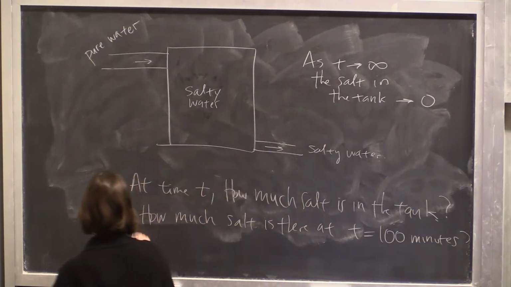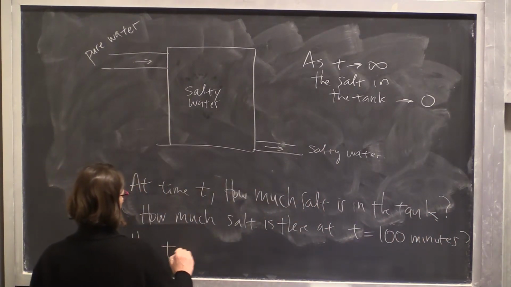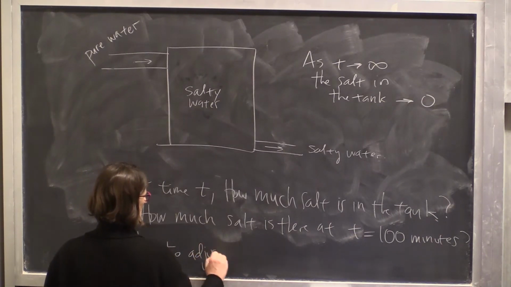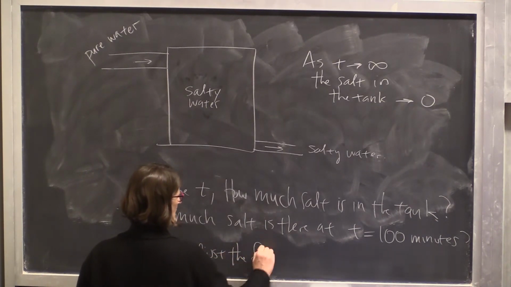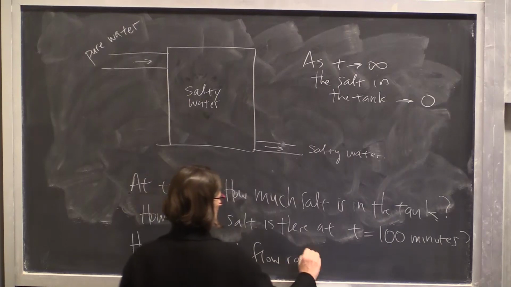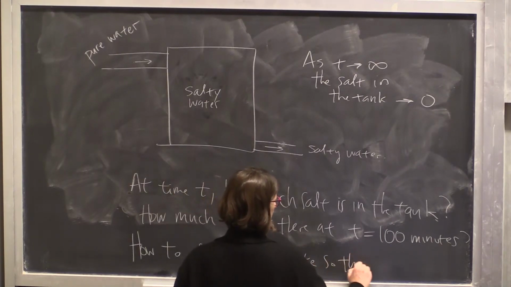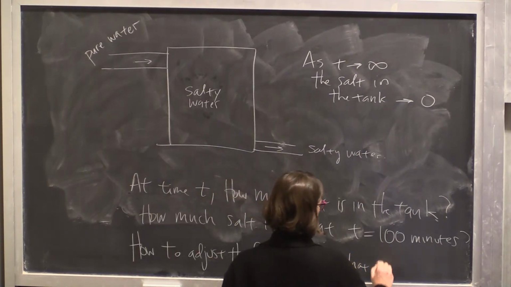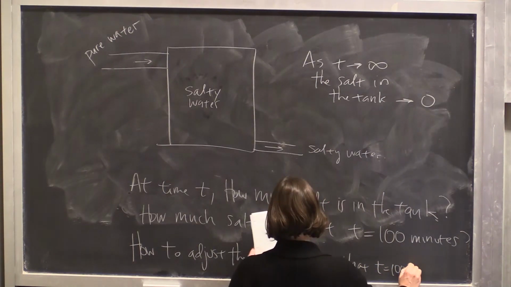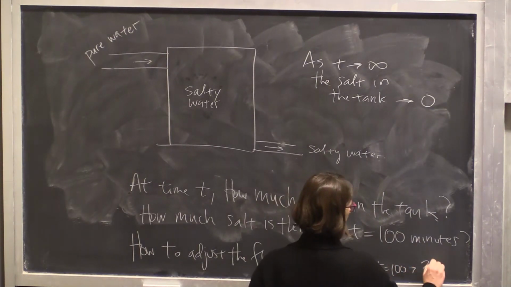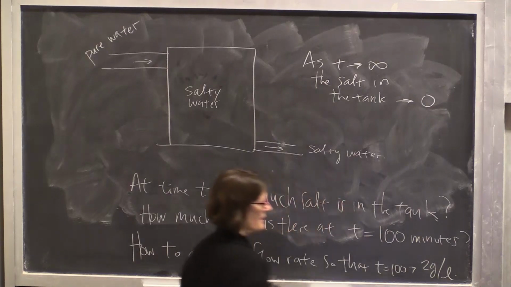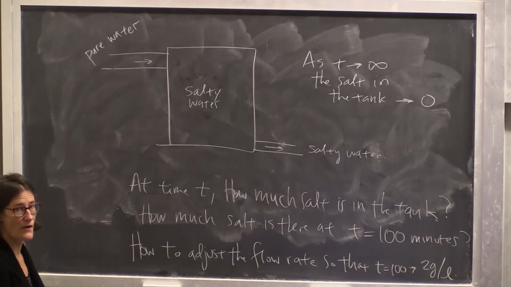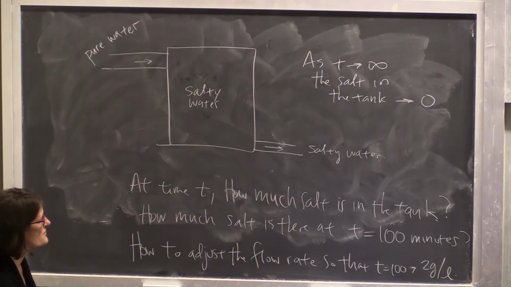Next question might be how to adjust the flow rate so that at t equals 100, you have 2 grams per liter in the tank. All right, so these are all perfectly respectable questions.